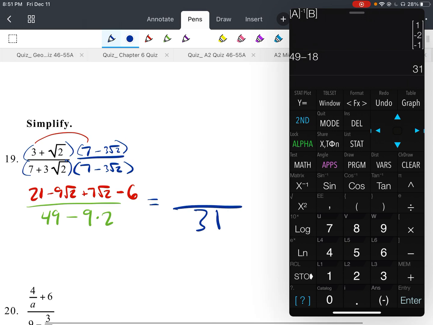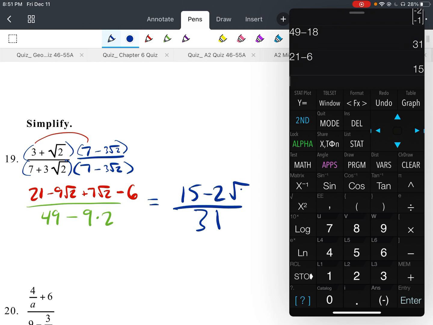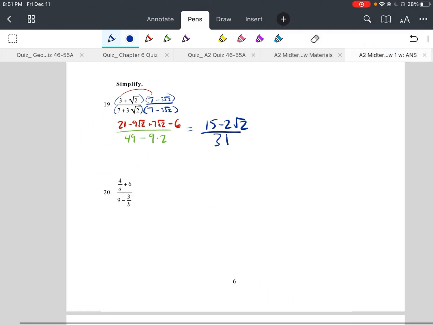So 31 on the bottom. And on the top, 21 minus 6 is 15, of course. And then negative 9 rad 2 and positive 7 rad 2 is going to be minus 2 rad 2. Okay, and that looks pretty good to me.